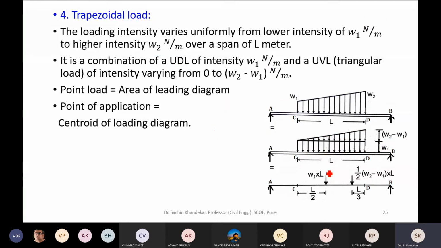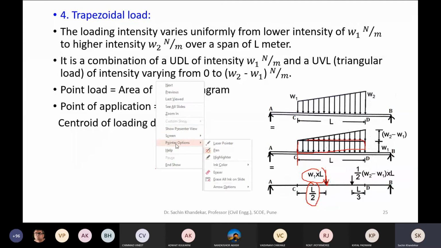So this is the point load because of this UDL. The intensity of UDL, W1 Newton per meter, multiplied by the span gives us the concentrated load in Newton. And it is acting at a distance of how much from point C? Of course, L by 2.